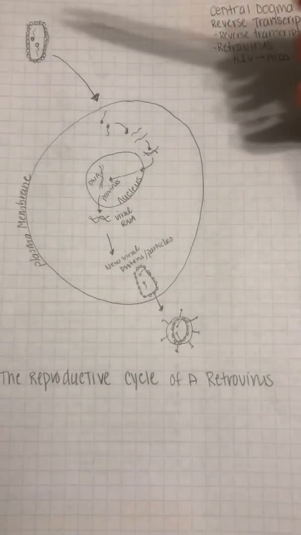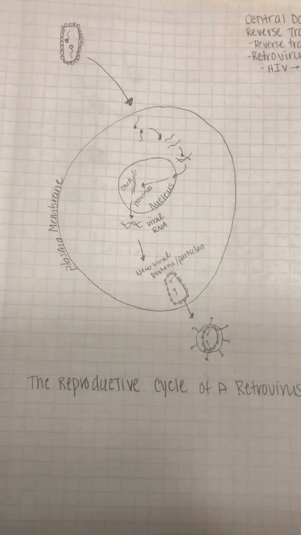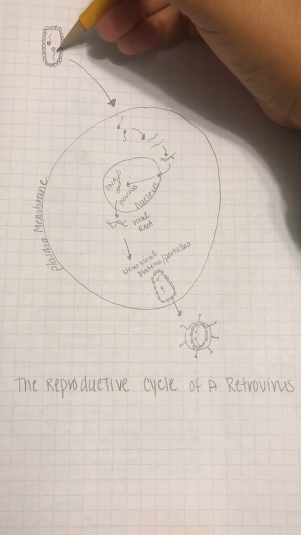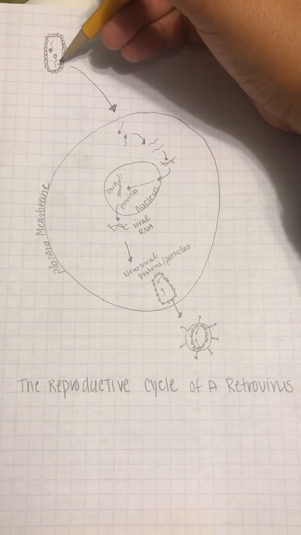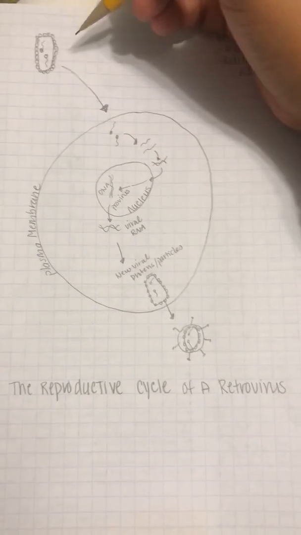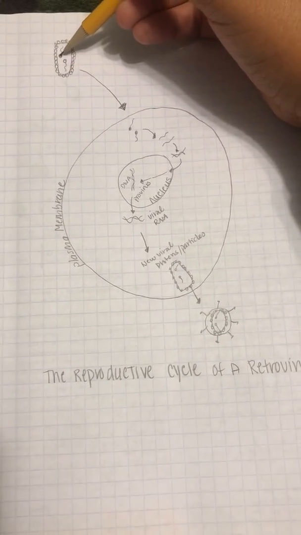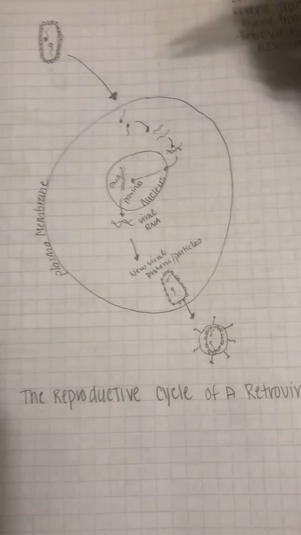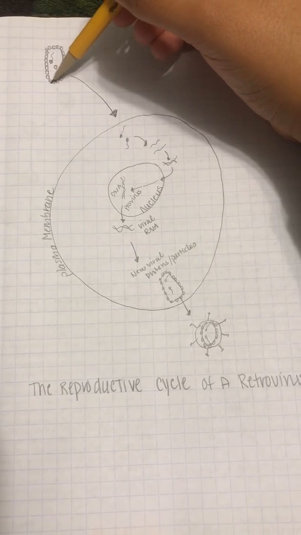Now, to start off, we have a capsid here, and inside this capsid are two RNA genomes, and they're attached to reverse transcriptase, and it's all inside of this capsid, and this right here is like a protein.